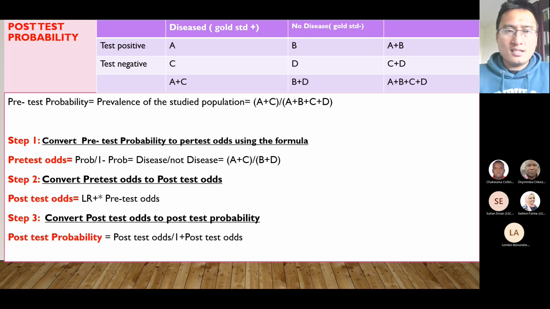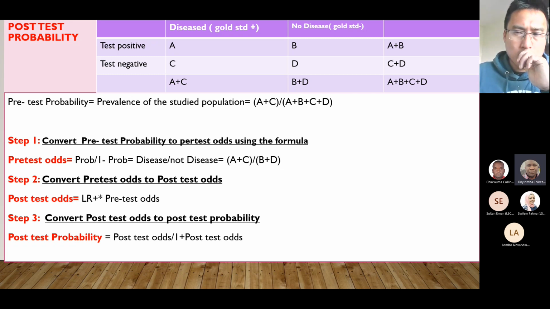In the exam, they will ask you about the post-test probability, and sometimes they will give you this diagram with all the numbers. If that is the case, always think, okay, post-test probability, 3 steps I have to do.